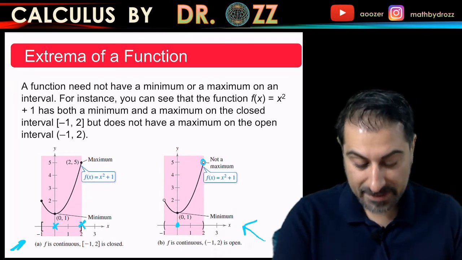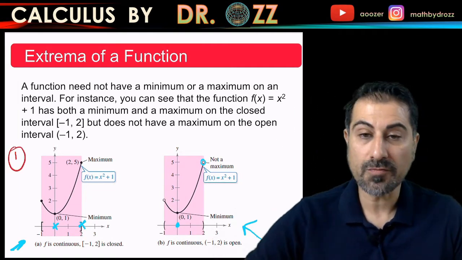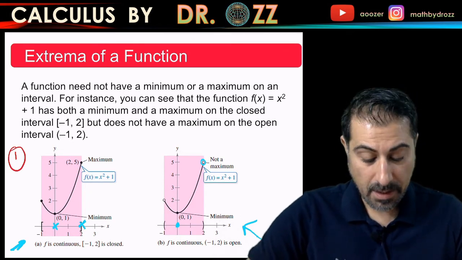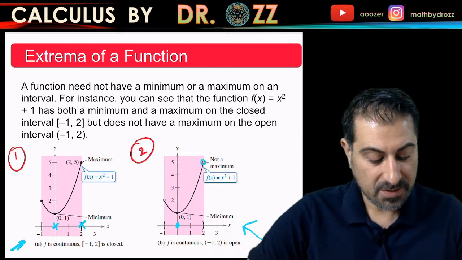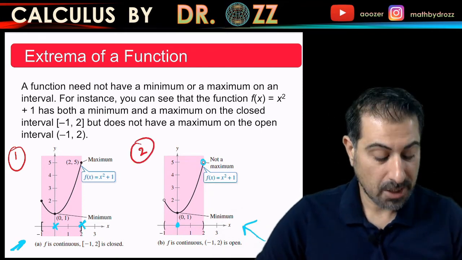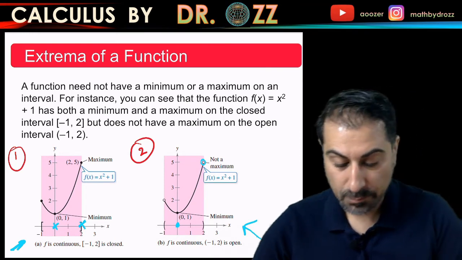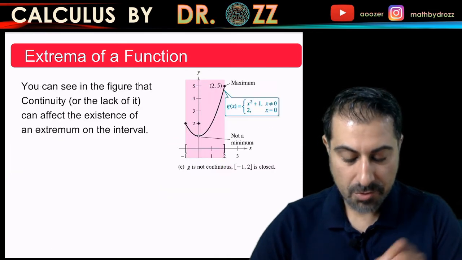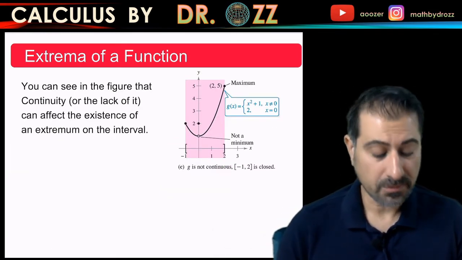So far we have had two examples. In the first one, we had a continuous function defined on a closed interval, and we did have a maximum and minimum. In the second example, we started with a continuous function, but the interval was open and we did not have a maximum. I'll show you another example where this time we do not have a continuous function, but the function is defined on a closed interval.